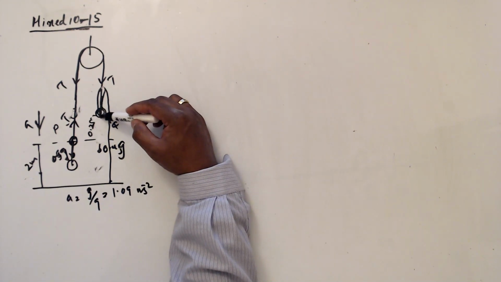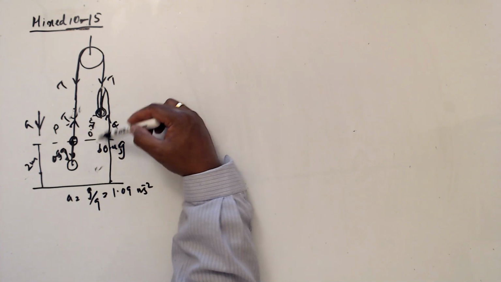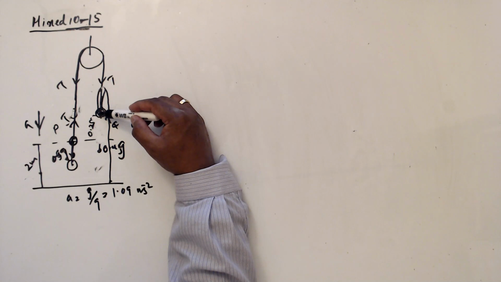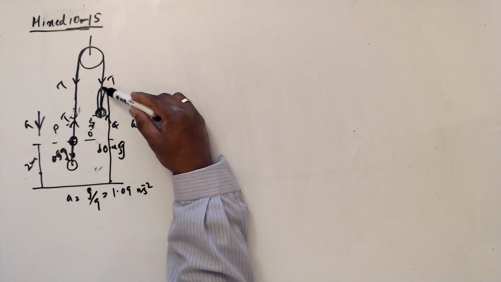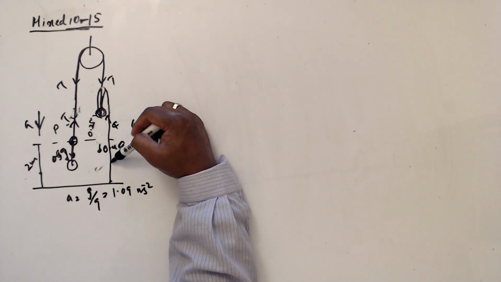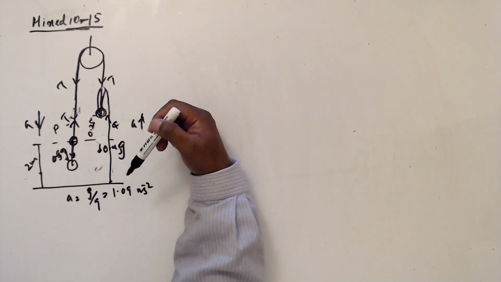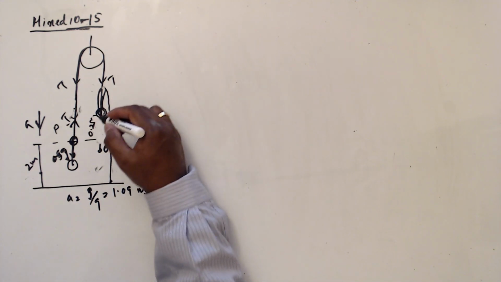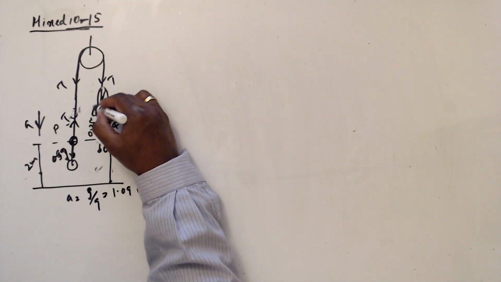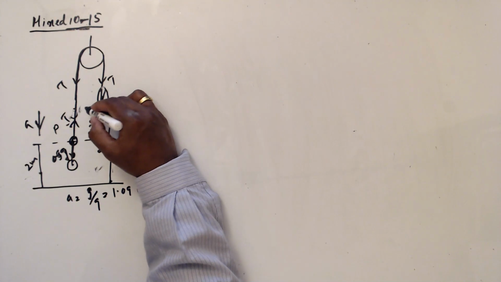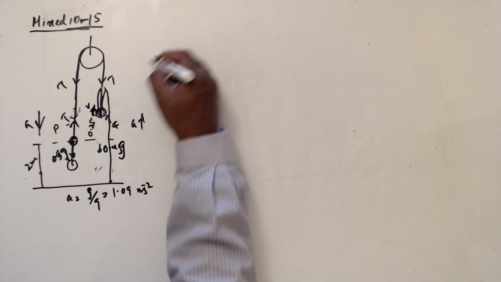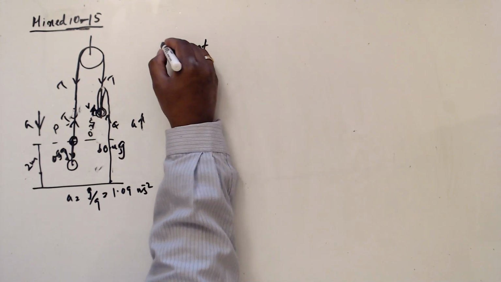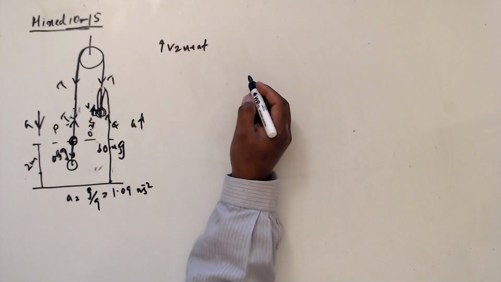As I explained again, when this is moving 0.2 seconds, the string breaks, and then the particle moves freely, and then it will come up to the ground. So we need to find the time. When the string breaks, we can find the velocity. So v equals u plus at, in this direction.